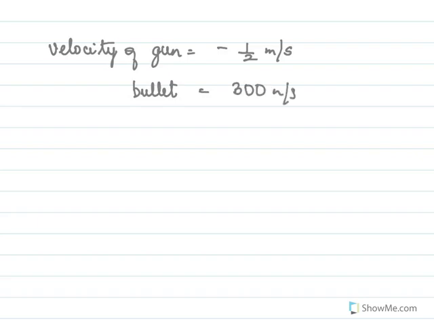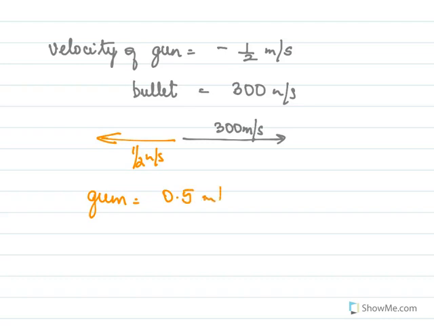This negative sign indicates that the gun recoils, which means if the bullet is in the forward direction at 300 meter per second, the gun is in the opposite direction at half meter per second. So the velocity of the gun is 0.5 meter per second in the opposite direction.